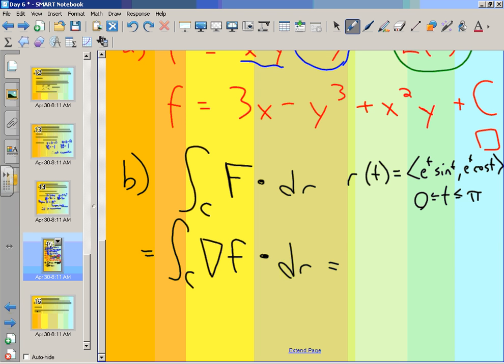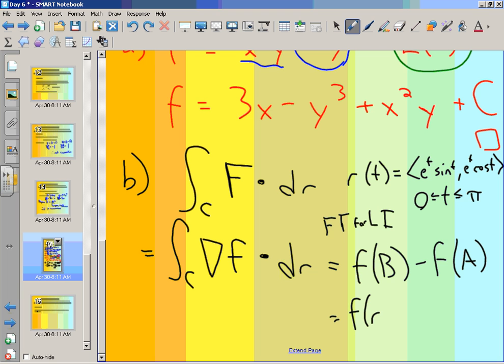What is this only going to depend on? The endpoints. Remember, this is the fundamental theorem for line integrals. And so all it's going to be is f of b minus f of a, which in our case would be f of r(pi) minus f of r(0).